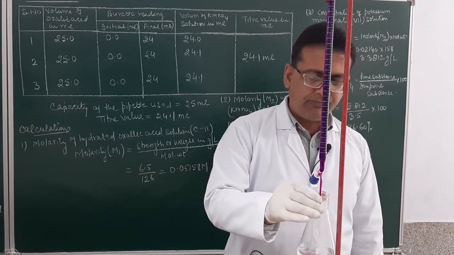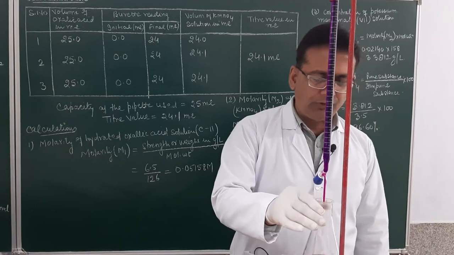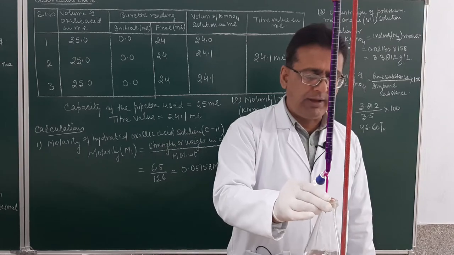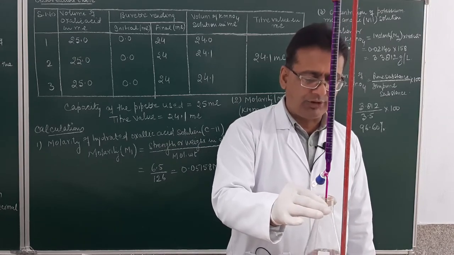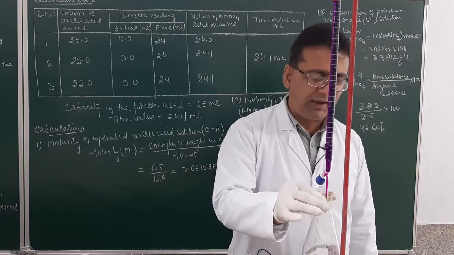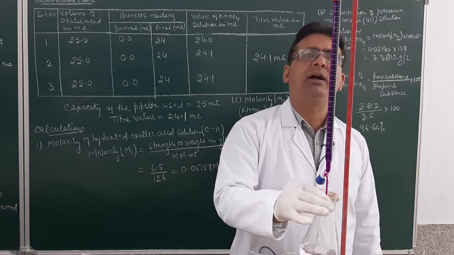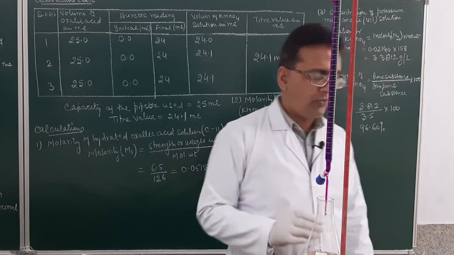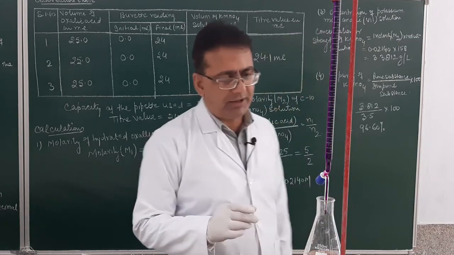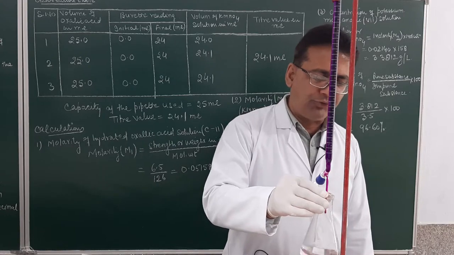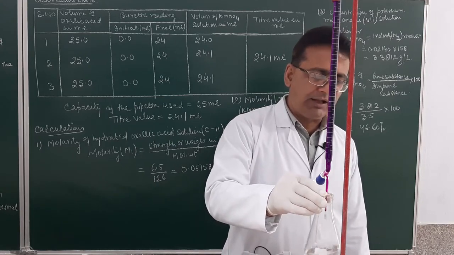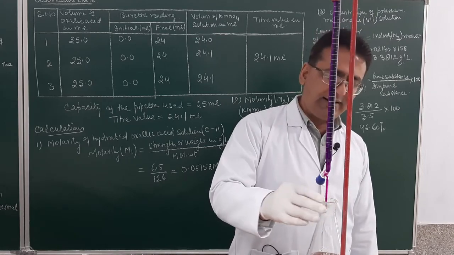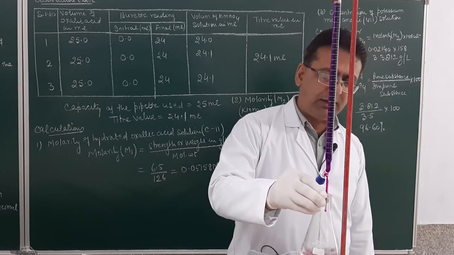So again, KMnO4 solution is being added into the conical flask till the permanent pink color appears at the bottom of the flask. This is slightly hot, so you must handle it with care. Continuously add KMnO4 solution with constant stirring. You must obtain at least 3 concordant readings, or at least 2 concordant readings, to obtain the titer value of the titration. And then from that titer value, we will conduct the experimentation further. Am I getting clear, student?